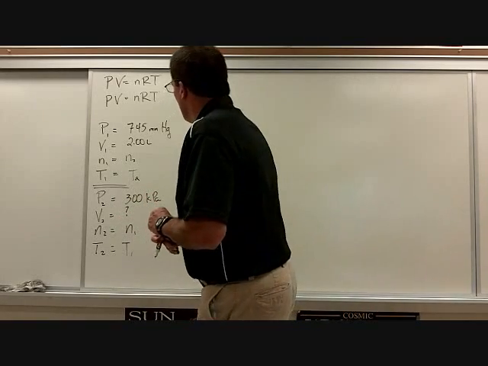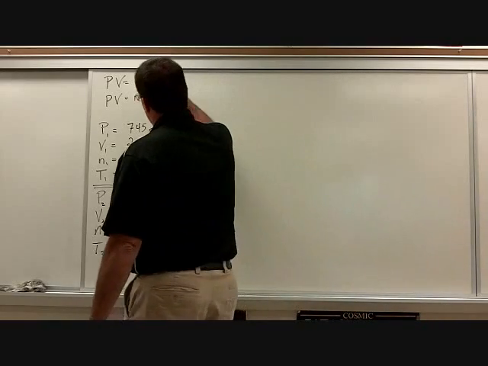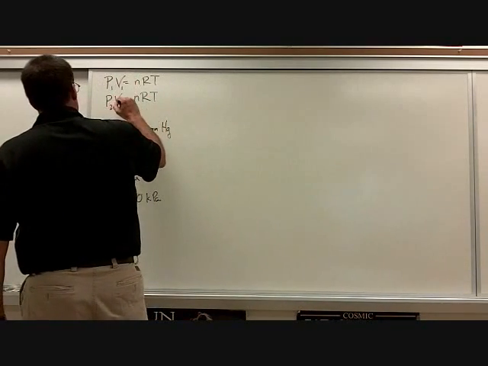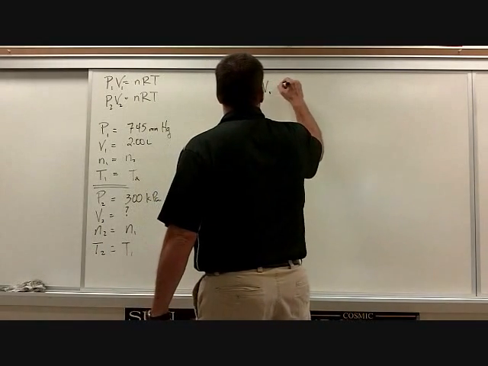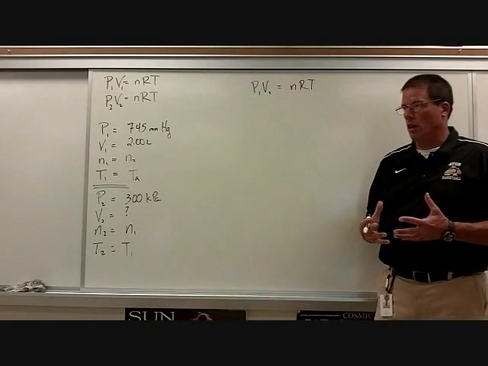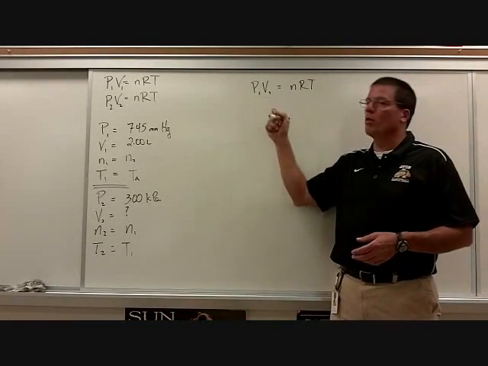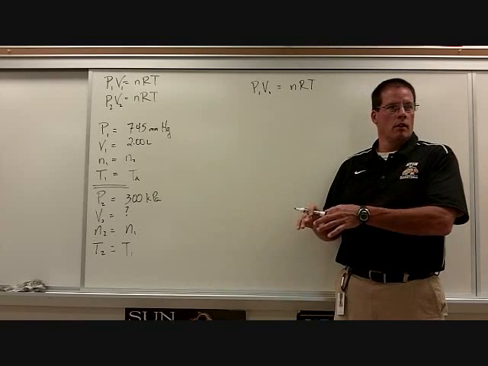Okay. All right. So actually what we have is a pressure volume situation. So we have a P1, V1, P2, V2. Now, again, what I want to do is make sure that all my initial sets of variables are on the same side of the equal sign. Are they?